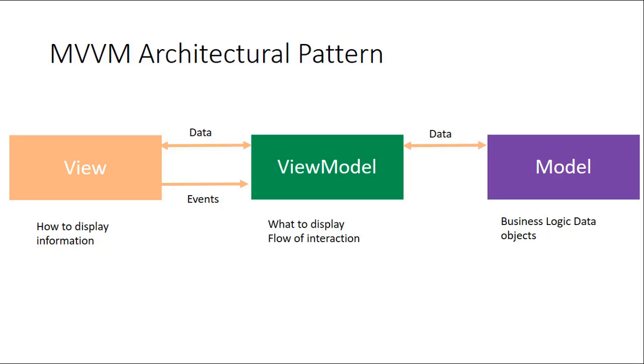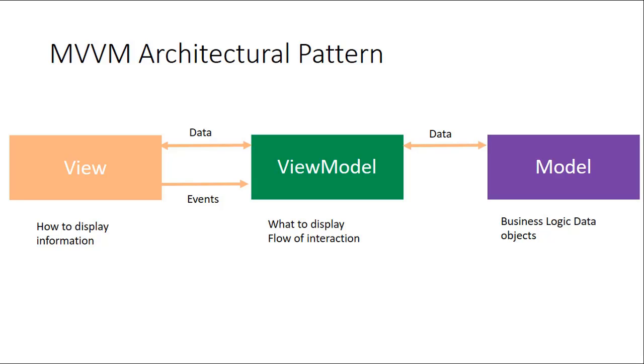Then you have your view model, and we can see how the data and the events are flowing here. Your view model is a representation of what you want to be displayed, and it handles how data is flowing to you and from your view. Also, when a view has some events such as click of a button, it will pass that up to the view model.